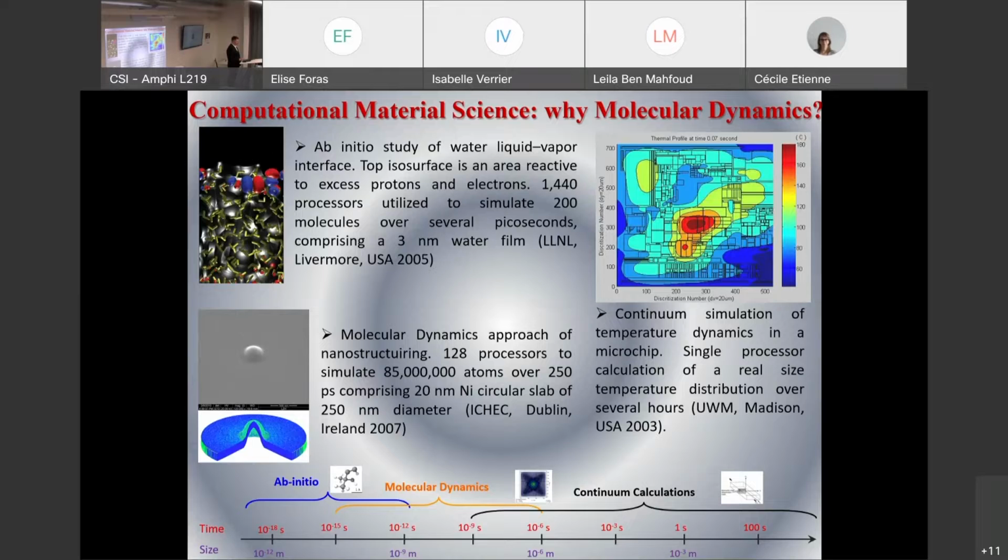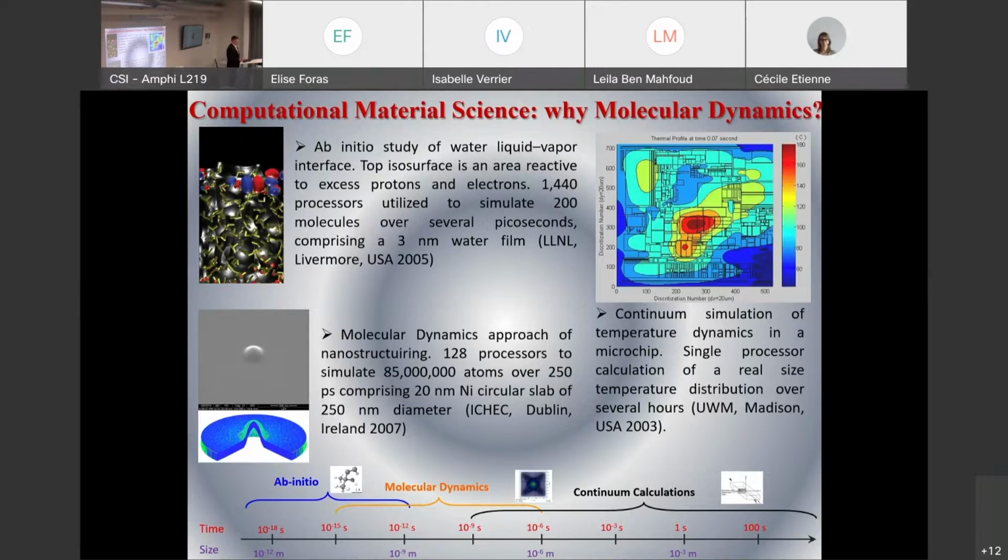Alternatively, we can use ab initio study, where the system of Schrödinger equations is solved for a number of particles, as, for example, presented here, just a few hundred atoms of water molecule subject to find the electronic density for a reactive surface. And because the number of operations scales as a power of the degrees of freedom, which can be up to 7, these calculations are extremely expensive from the point of view of computational power.